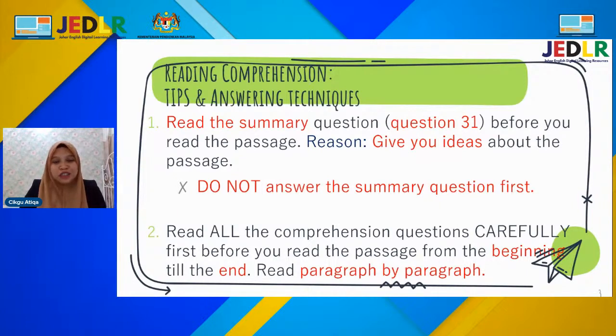from question 26 to question 30. But remember, before you go through all these questions, you do not need to answer the summary question first. You read the question and then you move on to questions 26 until 30. Why am I not asking you to read the text first?